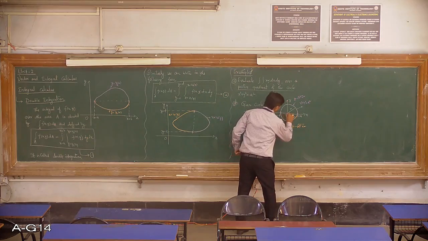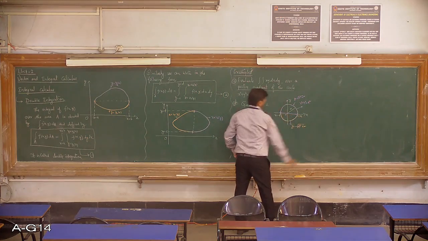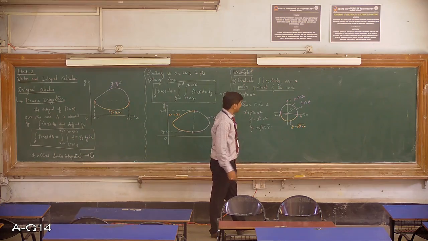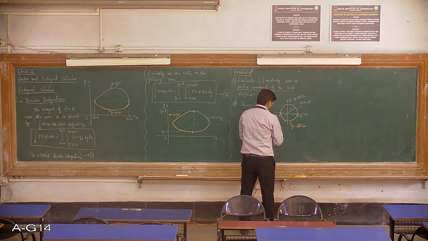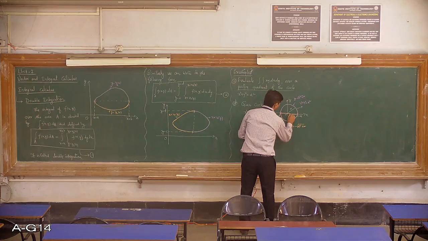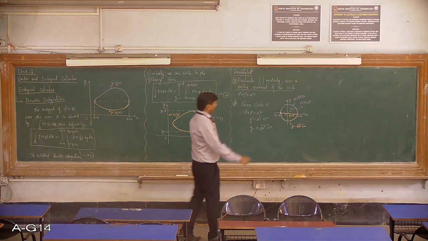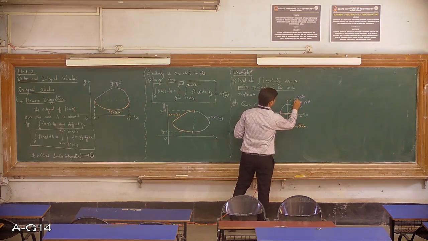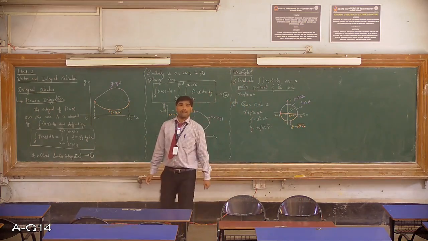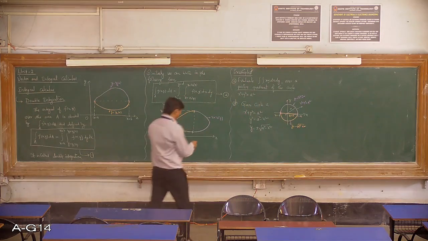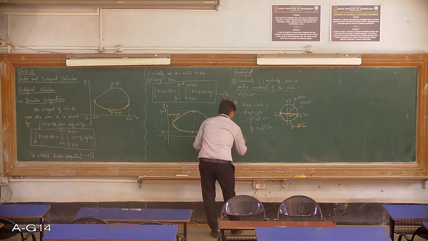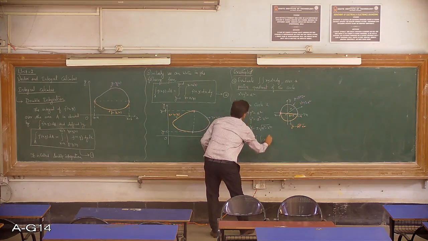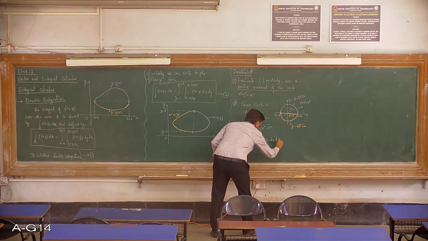Then what is the equation of the x axis? We can say y is equal to 0. That means we are running from y is equal to 0 to y is equal to square root of a square minus x square. Next, write down, let I is equal to double integration xy dx dy.